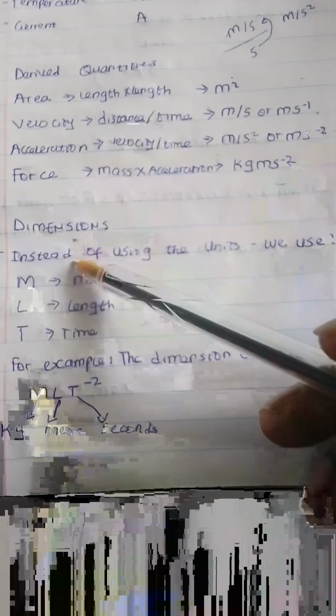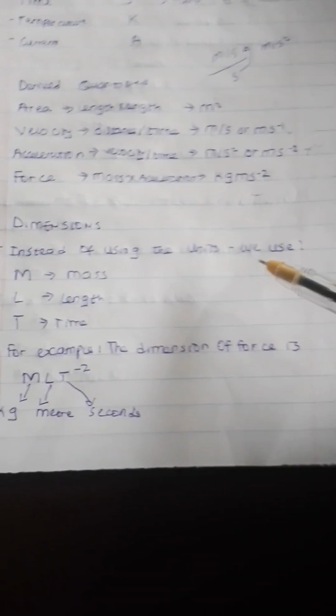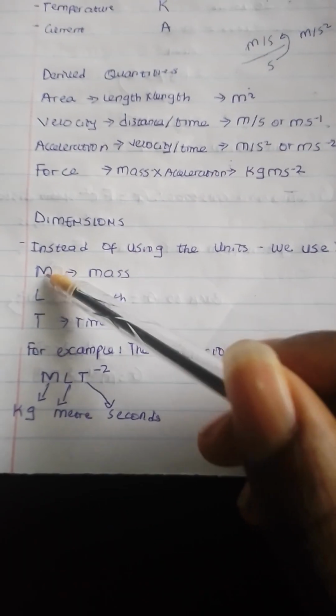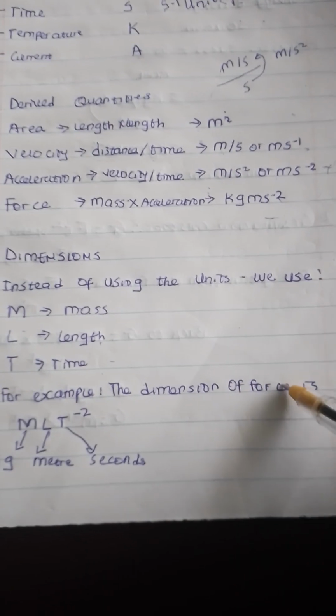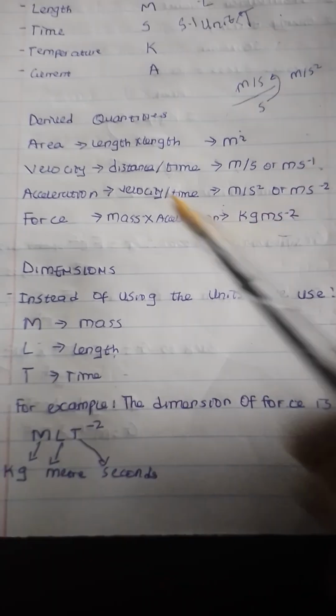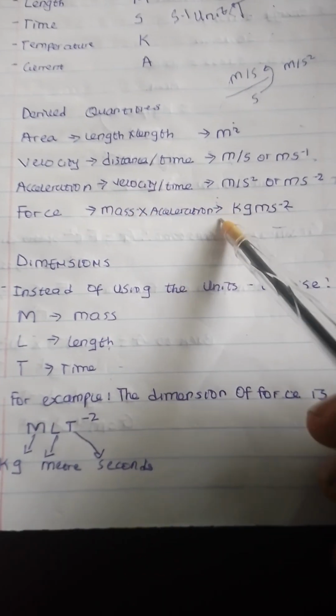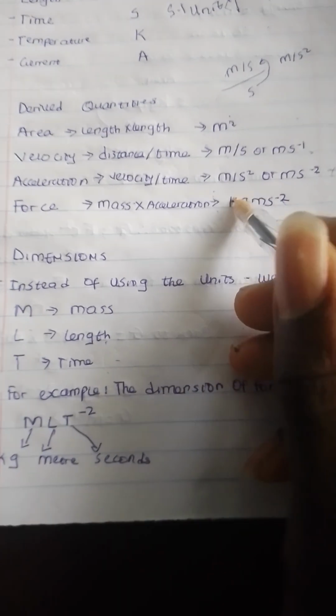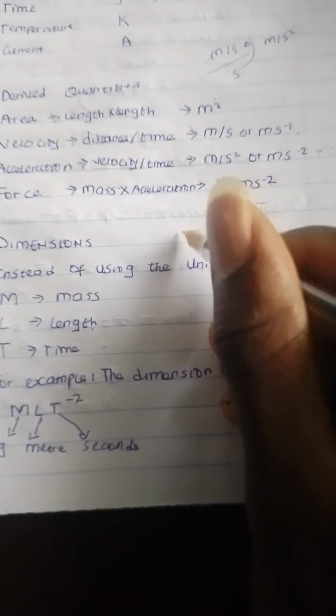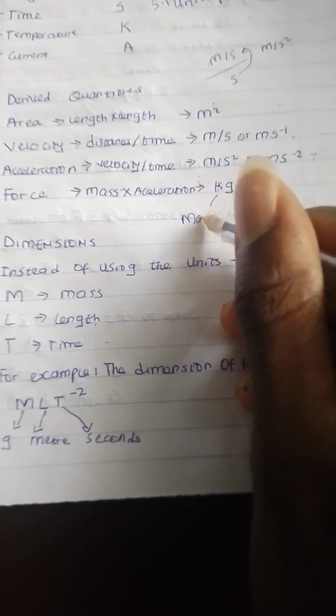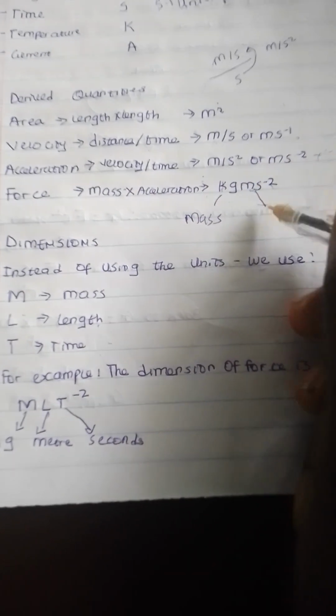Do you now understand? That's why I say if you come here, instead of using the units, we use M for mass, L to represent length, T to represent time. For example, find the dimension of force. The dimension of force in this question, I've told you that force is mass and acceleration due to gravity. This one is mass. This is acceleration due to gravity.